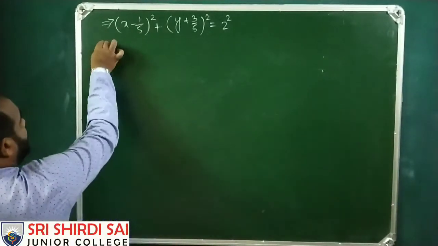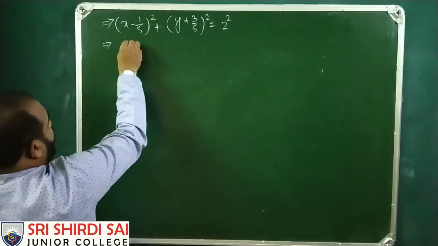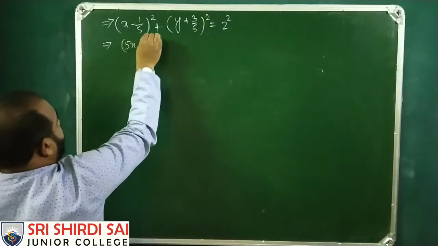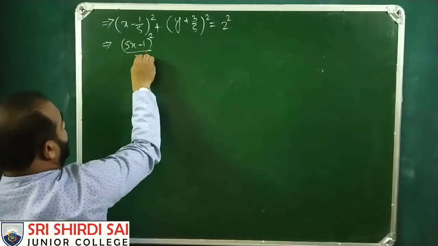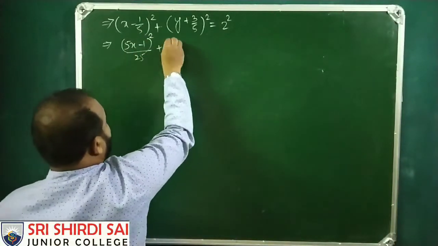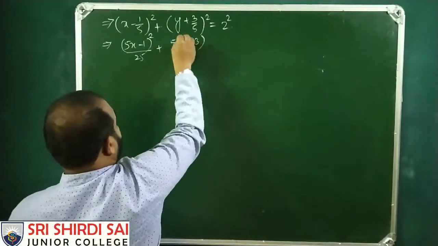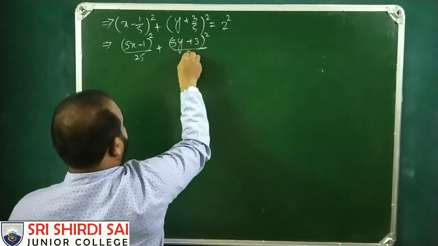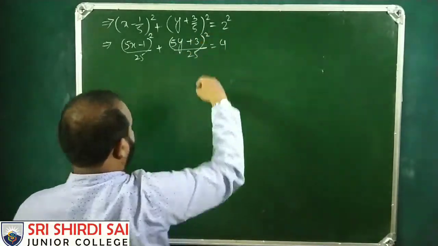Let us expand this. This is (5x minus 1) whole square by 5 square, which is 25, plus (5y plus 3) whole square by 5 square, 25, equals 2 square, 4.